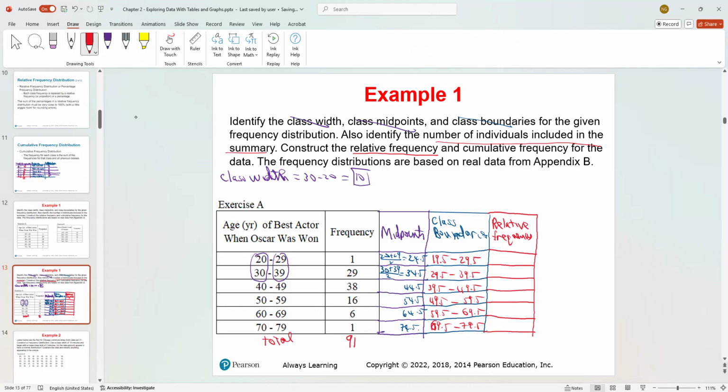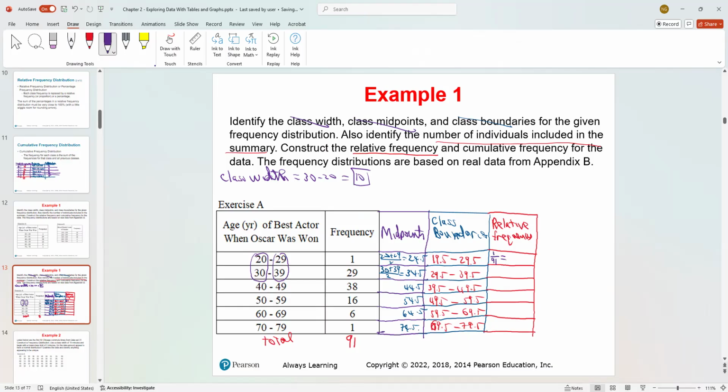So here, only one identifies themselves as age 20 to 29. So remember, in this case you're going to have 1 divided by the total, which is 91.